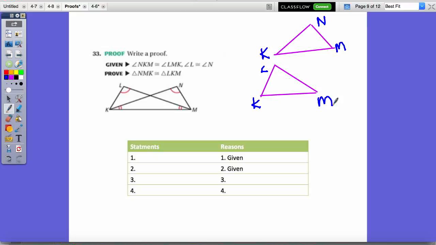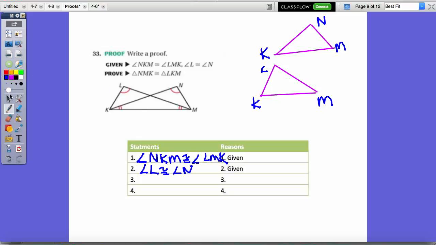And I tell you guys, when you have these overlapping triangles, to go ahead and write them out. So angle NKM is congruent to angle LMK, and angle L is congruent to angle N.